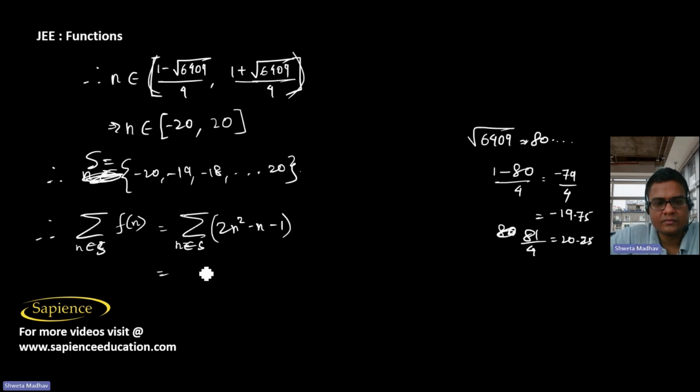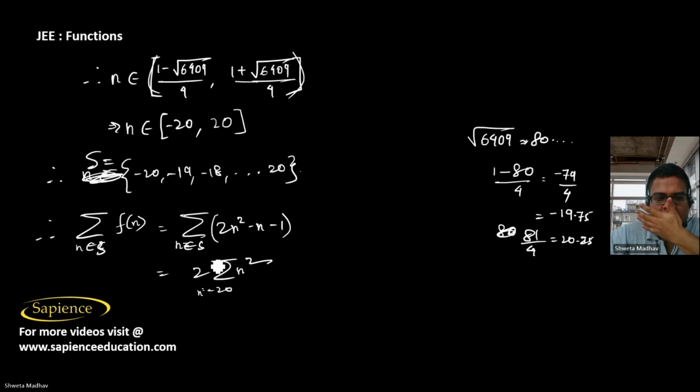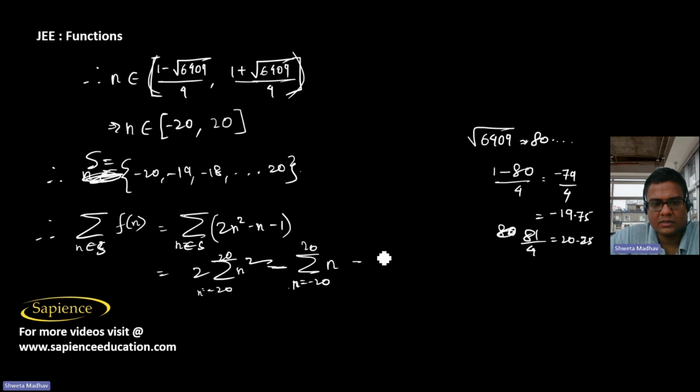So this will be 2 into summation n square, going from n equal to minus 20 to 20, minus summation n from minus 20 to 20, minus summation 1 from n equal to minus 20 to 20.